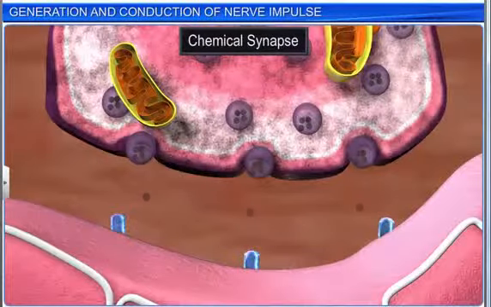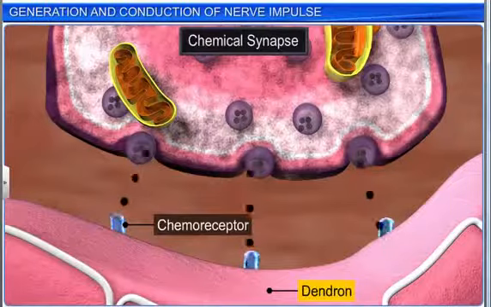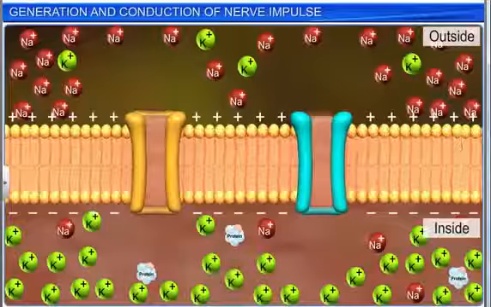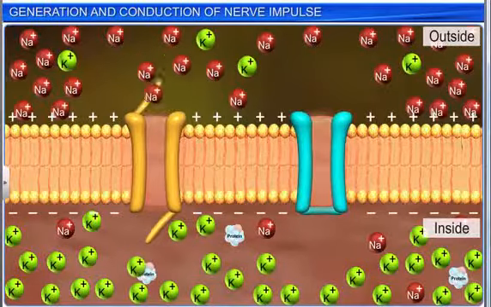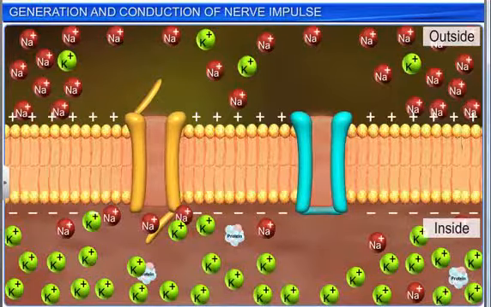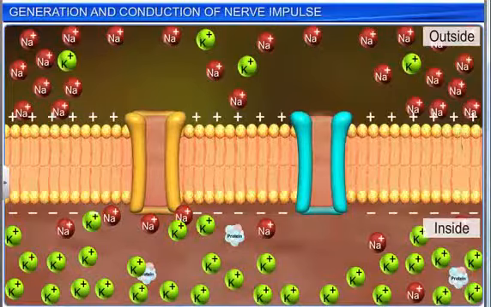The neurotransmitters thus released bind to their specific chemoreceptors present on the postsynaptic membrane of the dendron. This binding opens sodium ion channels that allow the entry of ions to generate a new potential in the postsynaptic neuron. This may lead to the development of an excitatory new potential or an inhibitory new potential.